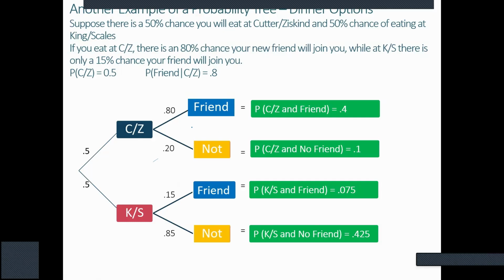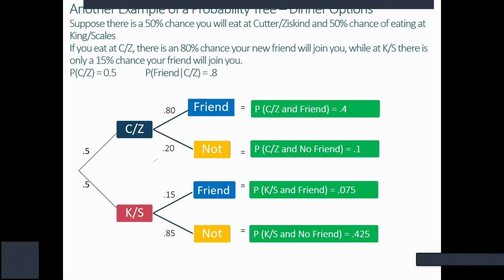But if you go to Cutter Ziskin, then there's an 80% chance that your new friend is going to join you for dinner, which means there's a 20% chance that they're not. Whereas if you go to King Scales, there's only a 15% chance that your friend will join you, and there's an 85% chance that they won't.